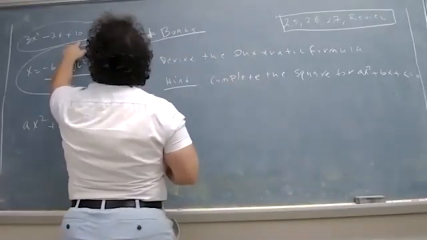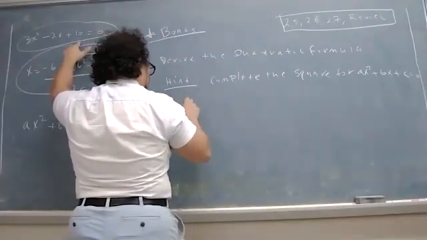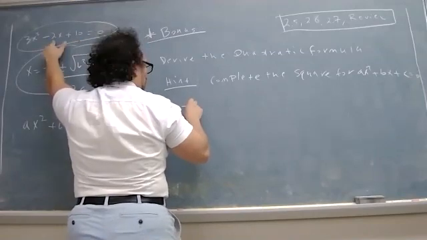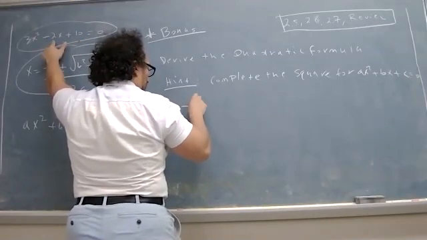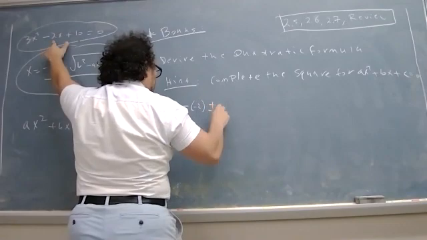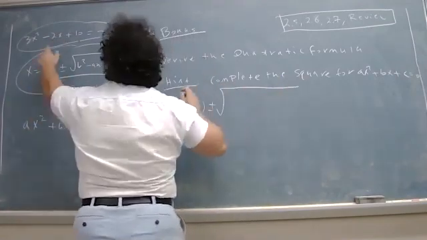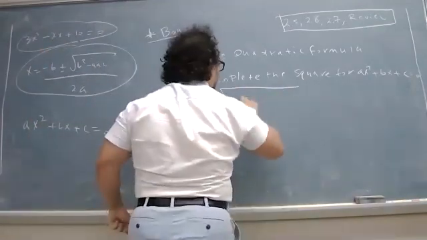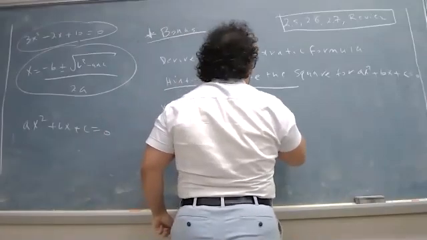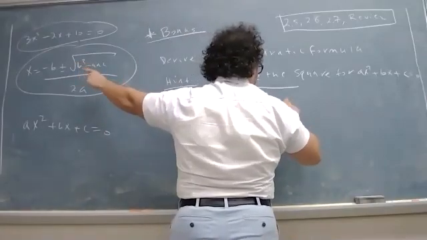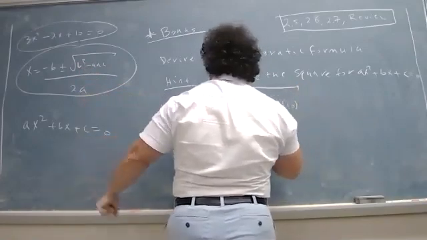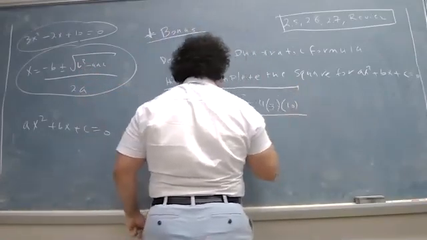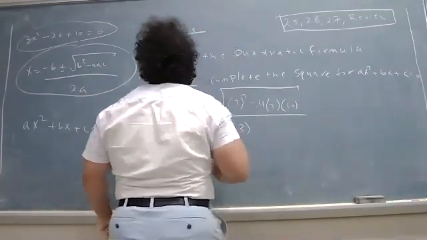So let's apply the quadratic formula here. That means x is equal to negative negative 2, so it's going to be positive 2, plus or minus the square root of b squared, which is my negative 2 squared, minus 4 times a, which is 3, times c, which is 10. Everything divided by 2 times a, which is 3.